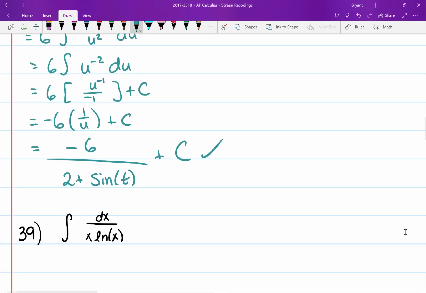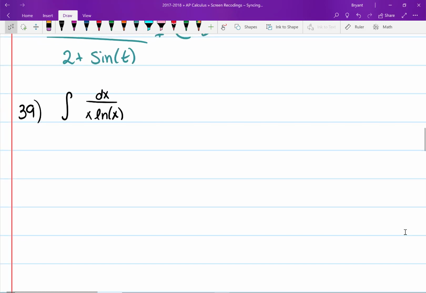Now for number 39, we're getting a little trickier with our integrals, becoming a little more complicated, about halfway there. So I'm not sure what my u sub is yet, so I'm going to go ahead and rewrite this as 1 over ln of x times 1 over x dx. And for me, this becomes fairly obvious now because I know the derivative of ln of x is 1 over x.